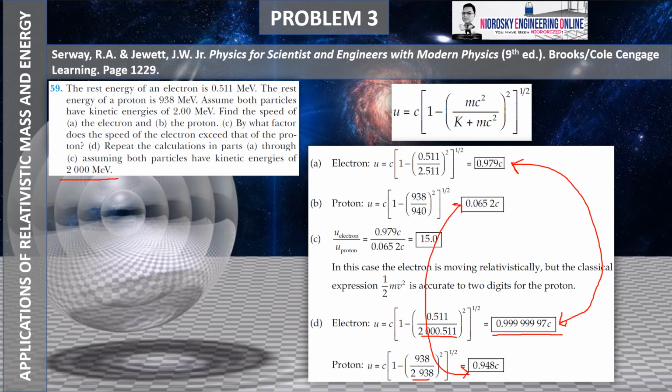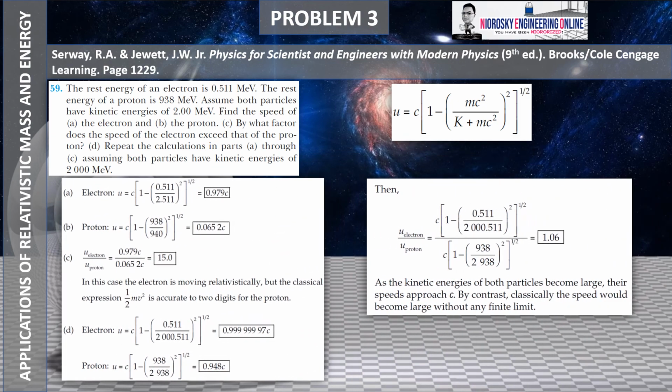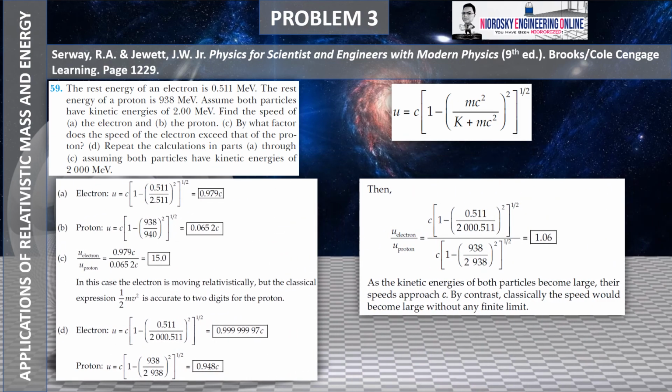So if you increase the relativistic energy of that particular particle, it seems that the ratio of electron and proton is almost tolerable. Let's take a closer look. You will notice that when you divide the velocity of the electron by the proton, it turns out to be 1.06.